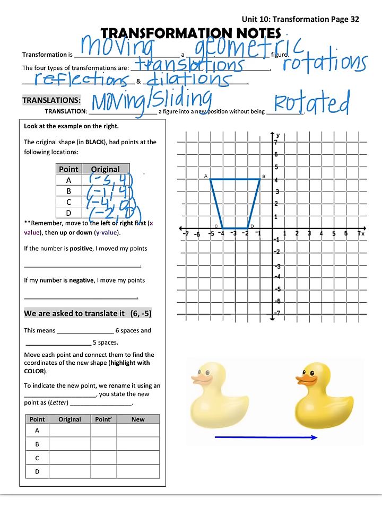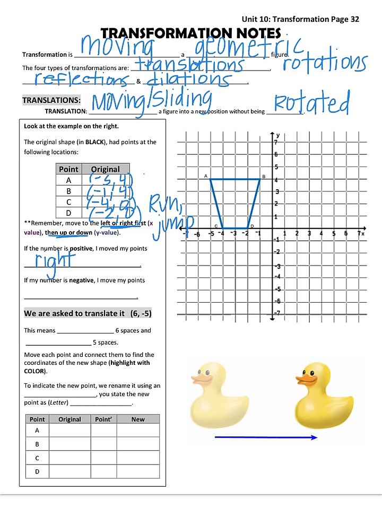Right? So we start by moving left or right, then up, down. If you remember, run, then jump. So if the number is positive, I move my points right.